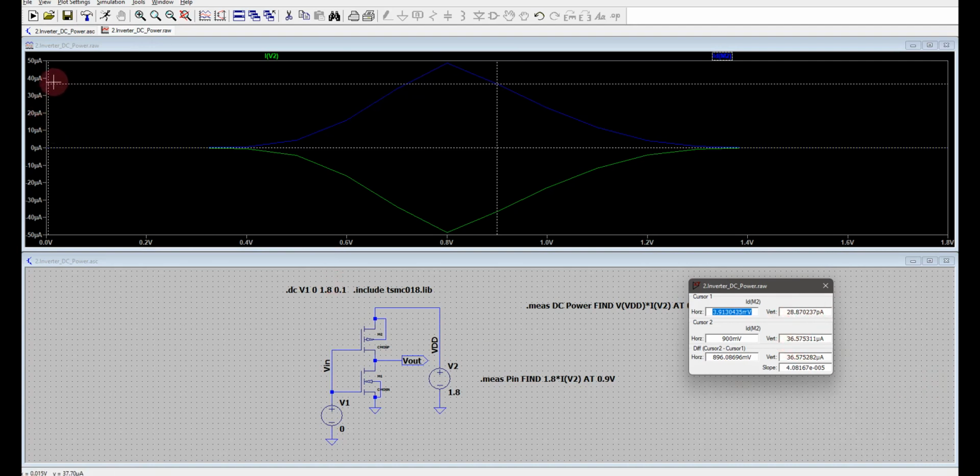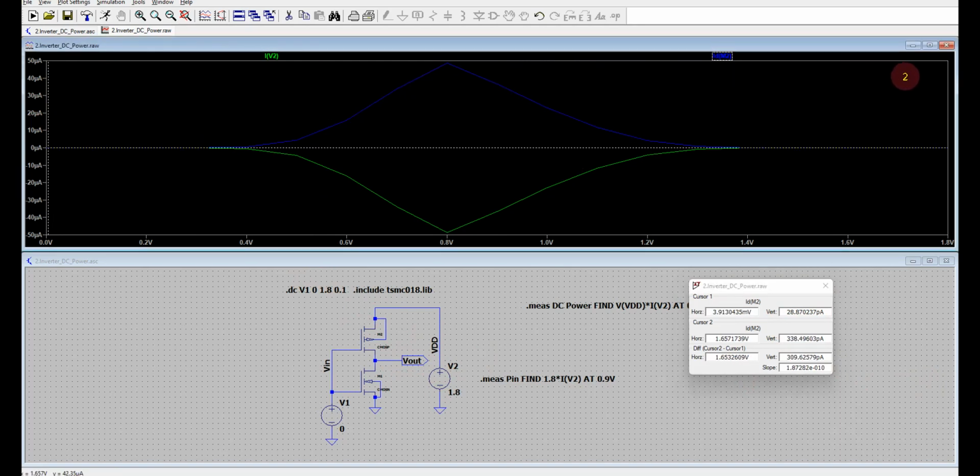So that much ampere into the voltage you will get. Similarly, I can put this cursor towards this end and find out what it is showing, some 4.8 picoampere. So that is the current. Current multiplied by the voltage will give you the static powers at these two ends. So that is how we compute the static power.